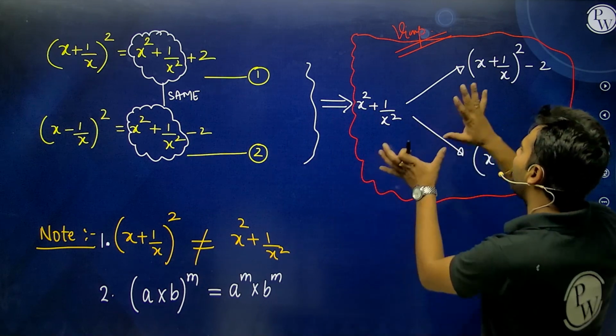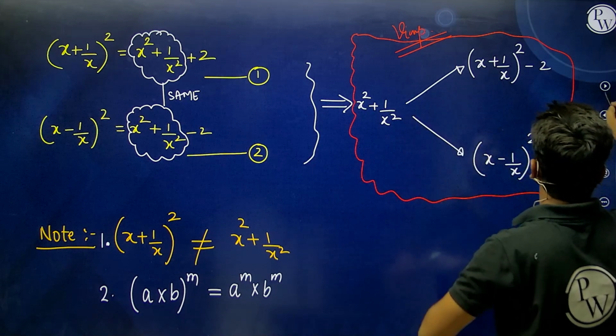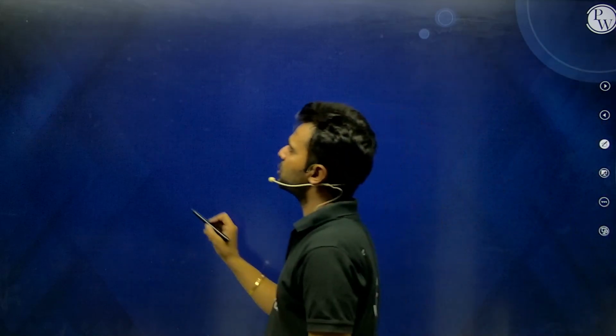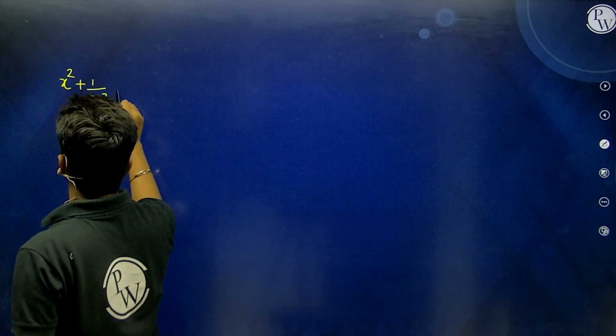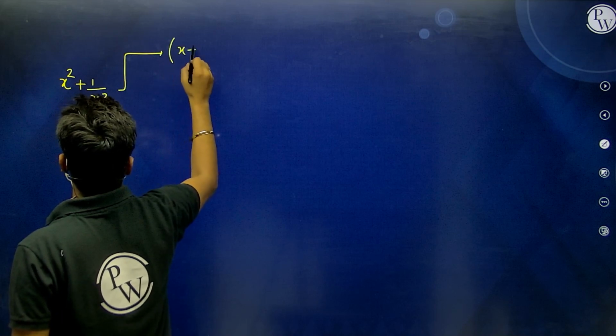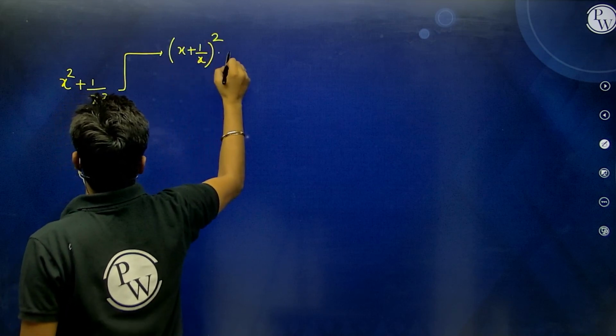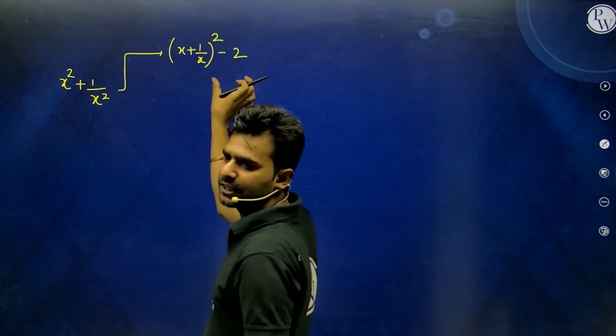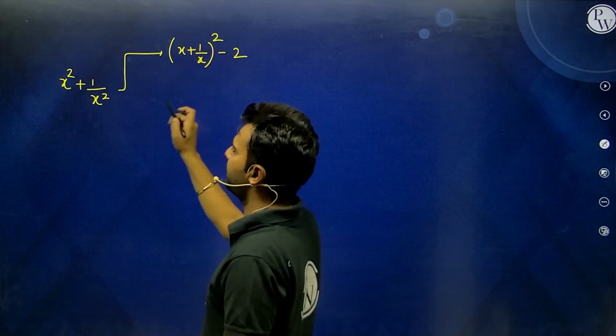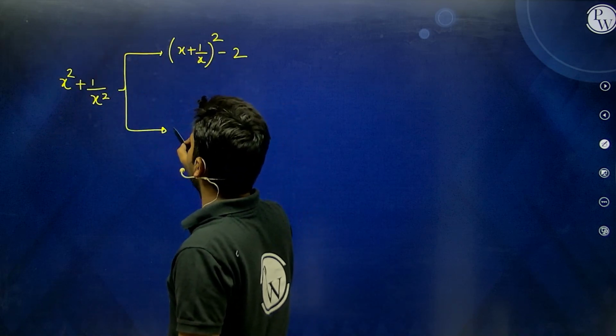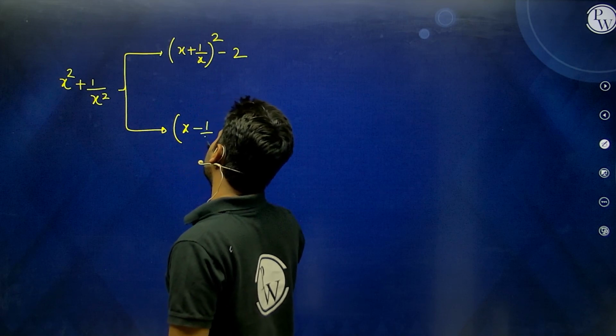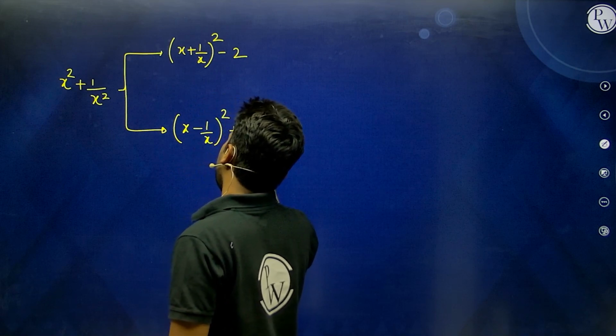Okay, so let me come back to this agenda. That x square plus 1 by x square can be rewritten in two ways. Either in terms of x plus 1 by x, like this, or in terms of x minus 1 by x, like this.